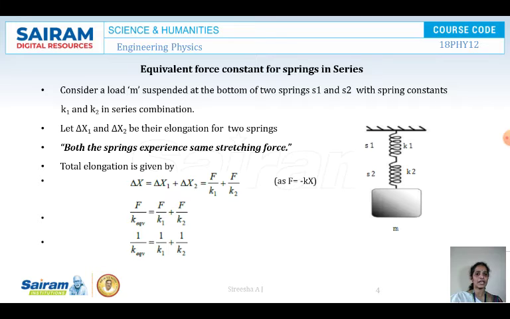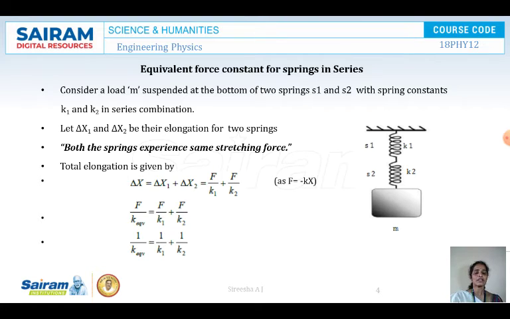Now if two springs are connected in series, let delta x1 be the elongation for the first spring and delta x2 be the elongation in the second spring. The first important thing to see here is that both the springs experience the same stretching force. That means the force remains constant.